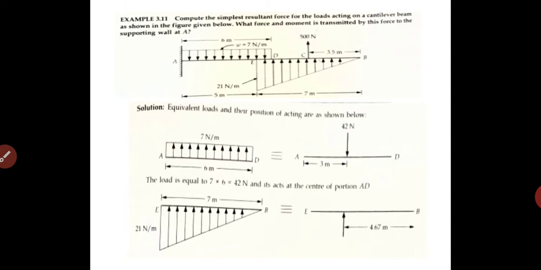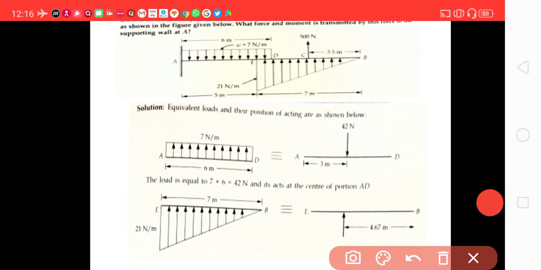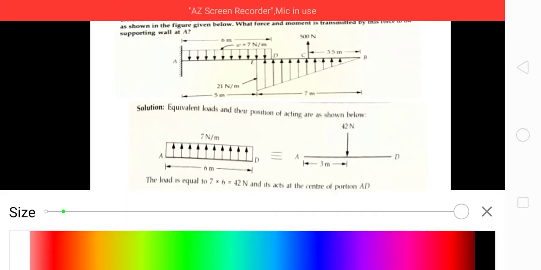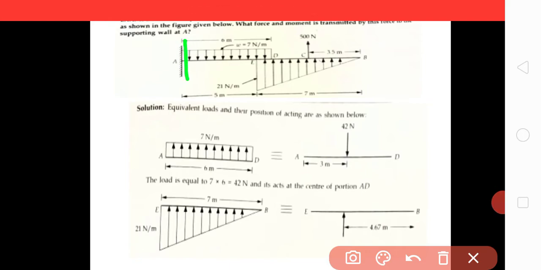What force and moment is transmitted by this force to the supporting wall at A? This is the supporting wall. This is the supporting wall at A.